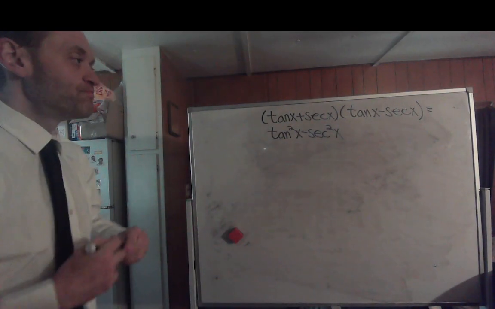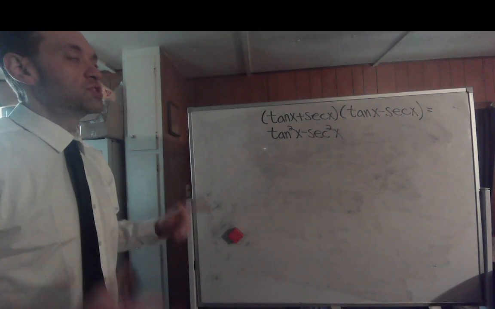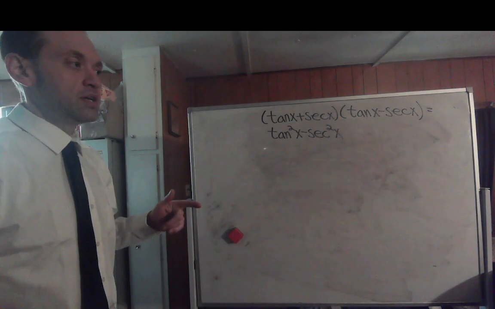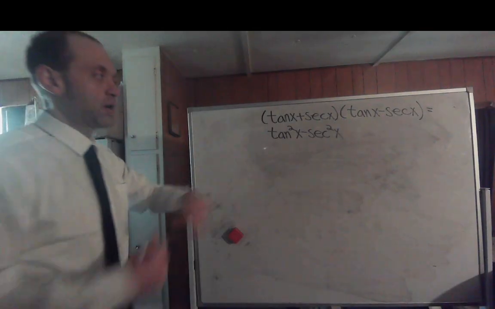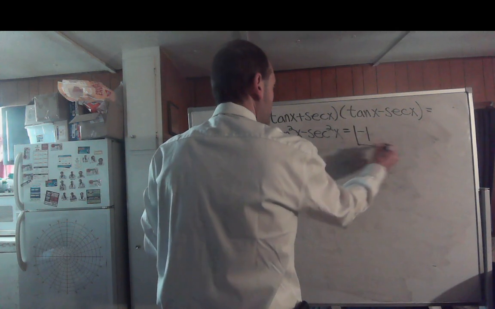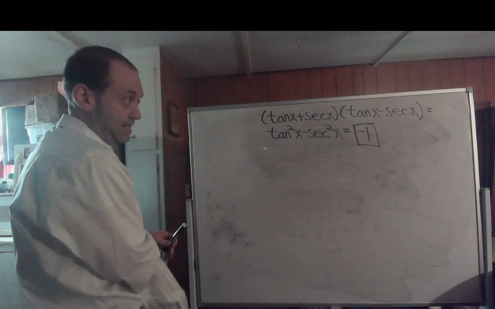Alright, so we know 1 plus tangent squared is secant squared. So that would have to mean tangent squared minus secant squared would be -1. So out of all that work, that should just simplify into -1.